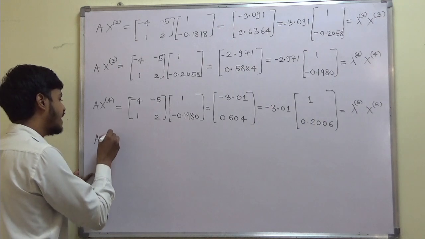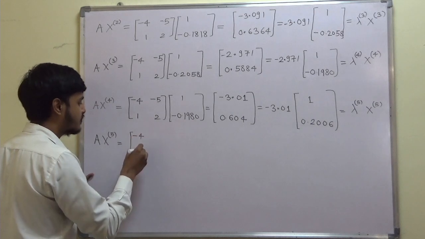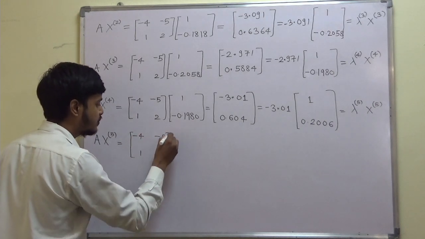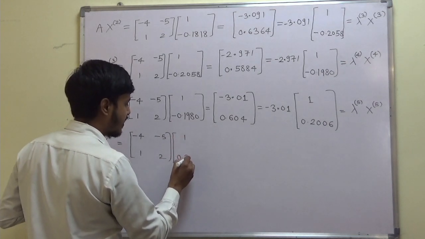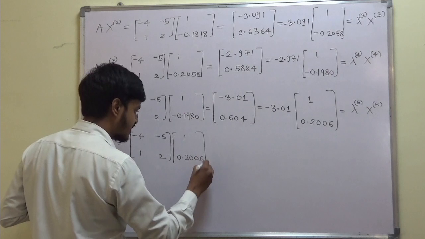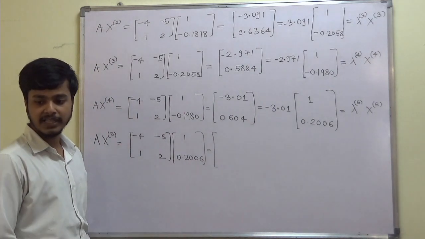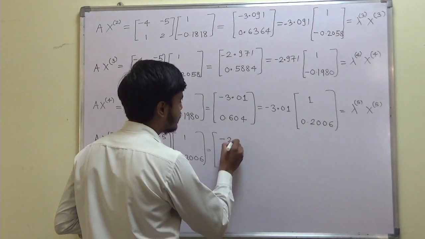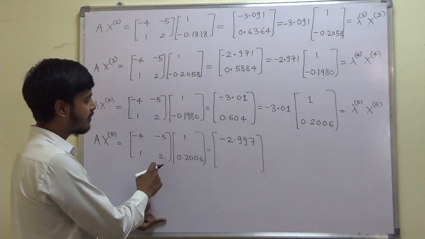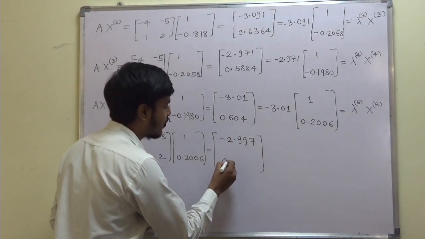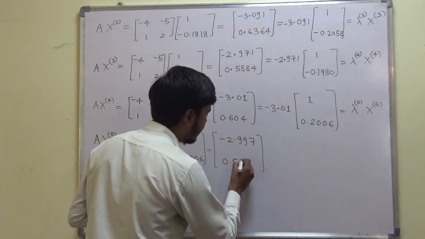AX5, so what is AX5? AX5 is [-4 1; -5 2] operating on [1, 0.2006]. Now again solve, make use of calculator. We'll be getting -2.997, and when you solve this, 1 minus 0.4, this would be 0.6 something, 0.5988 approximately.